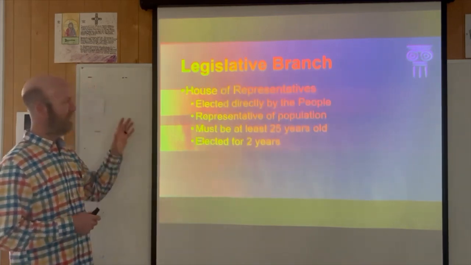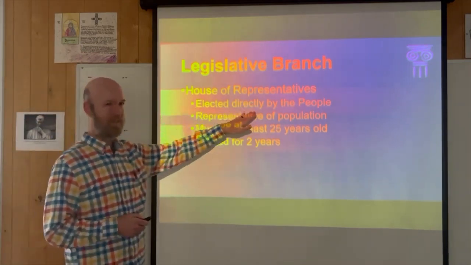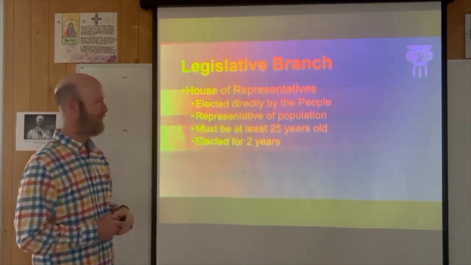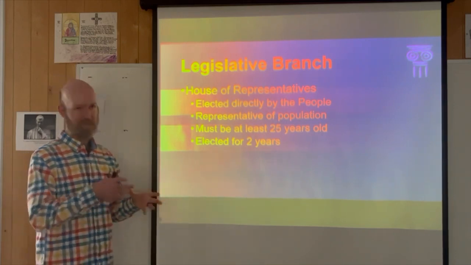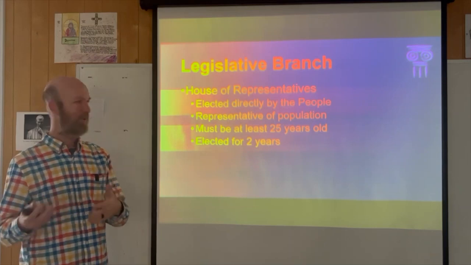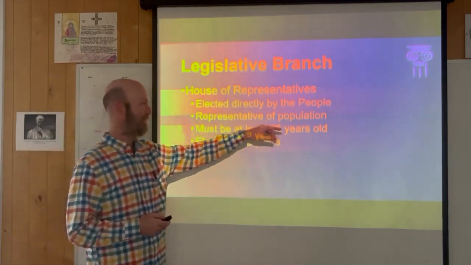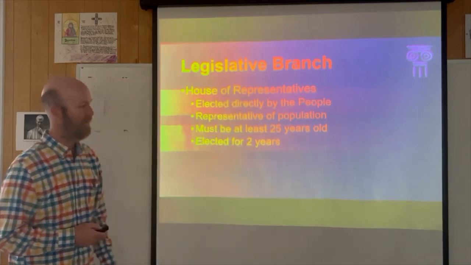Okay, so within the House of Representatives, they are elected directly by the people. Populations of the state, populations of a local district would vote for their representative. This again was representative of the population. The House of Representatives is based on population.